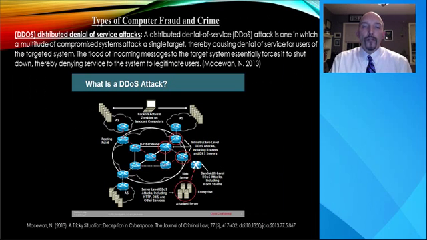Most recently in the news was a distributed denial of service attack targeted at websites such as Netflix, Amazon, and Twitter, along with sites such as Reddit, Airbnb, and Spotify. The DDoS, as it's referred to, is an attack that overwhelms the servers of these websites. They send a huge volume of traffic to prevent normal business operations.